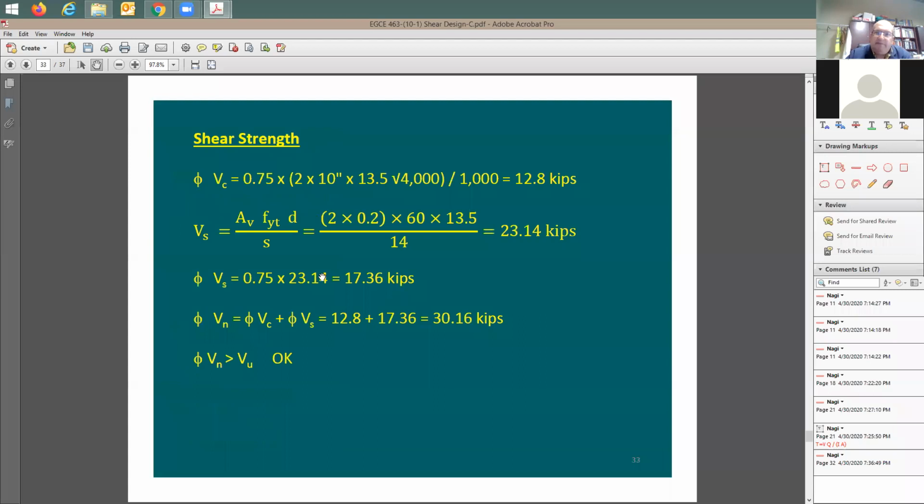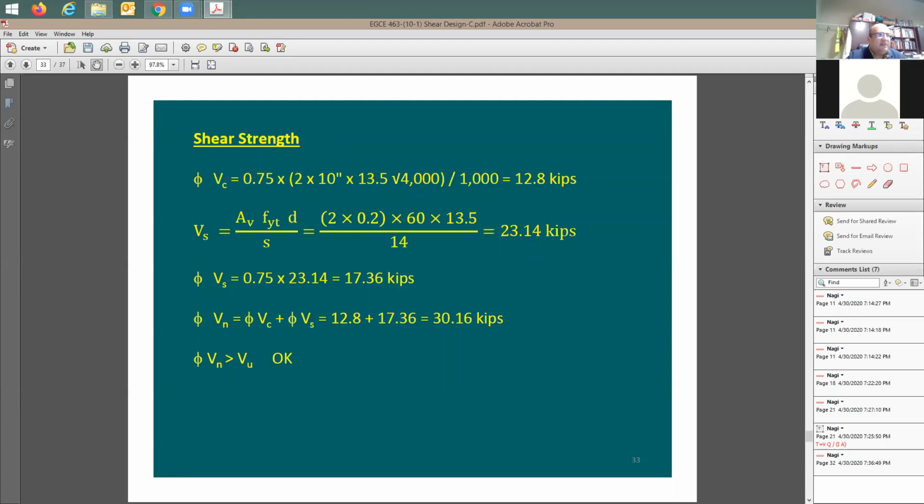Now for the shear strength, I have the concrete contribution and the steel contribution. Concrete contribution is much simpler than the steel. You take the phi factor of 0.75, and then 2 square root of f prime c. F prime c is 4,000. The section dimension is 10 inch by 13.5.